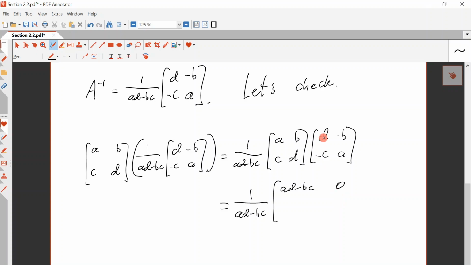Second row, first column, CD minus CD, which is 0. Second row, second column, minus BC plus AD. All right, which is equal to 1, 0, 0, 1, which is I2. All right, so that's what we're looking for. And then you can check the other way.